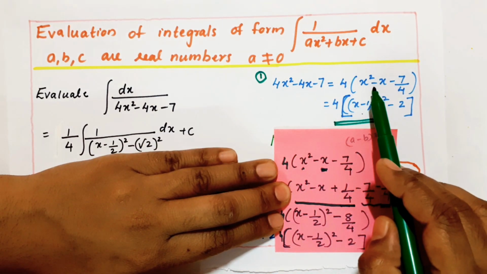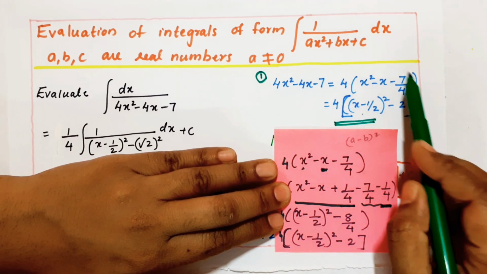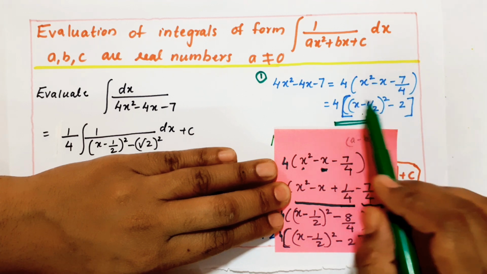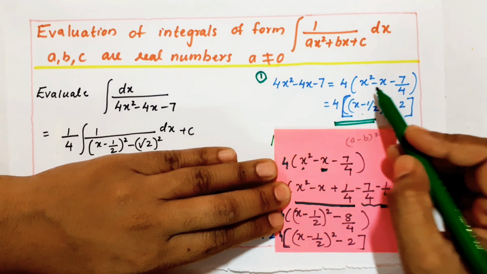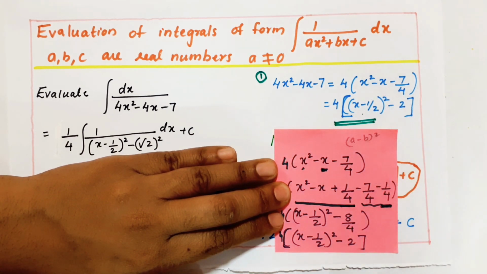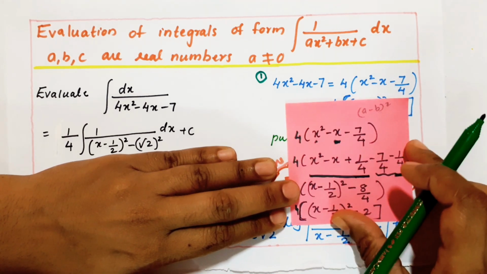So x square minus x minus 7 by 4. Then this inside term, the bracket term, we need to write in terms of a minus b the whole square or a plus b the whole square form. As minus is here, I understood it is a minus b. But finding b directly is difficult. So what we are doing is, I need to get the coefficient here as 1.